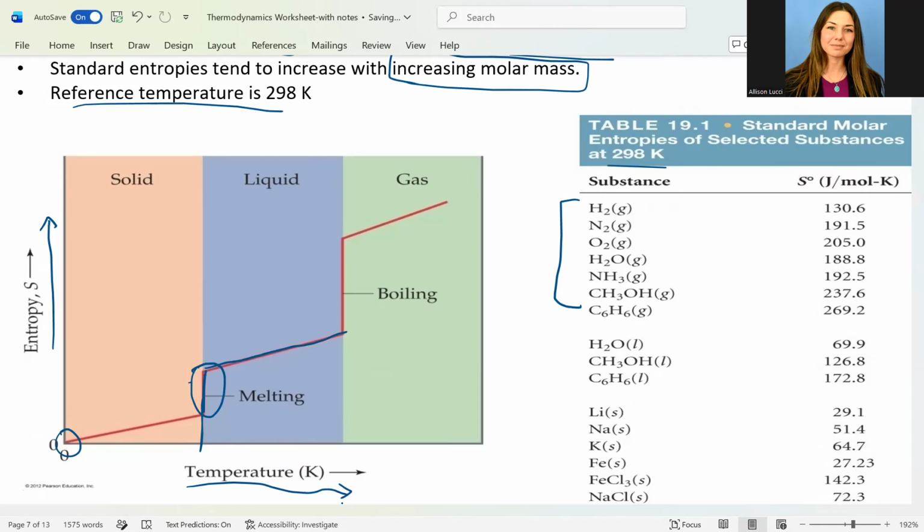If we look over here on the right at this table, 19.1, we can see the standard molar entropies of some selected substances. Once again, entropy is given in joules per Kelvin, and specifically when they're molar entropies, we say joules per mole Kelvin. These are some of the values associated with these molecules in gas phase, liquid phase, and solid phase.